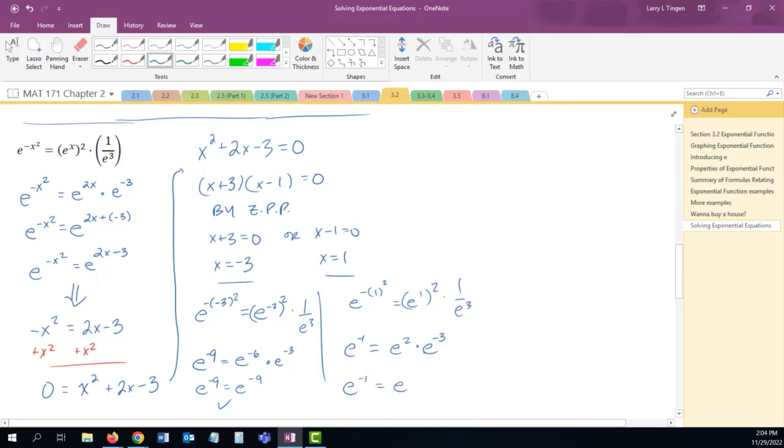And now I got the same base on the right. 2 plus -3 is -1. They check. So the solutions are -3 and +1.